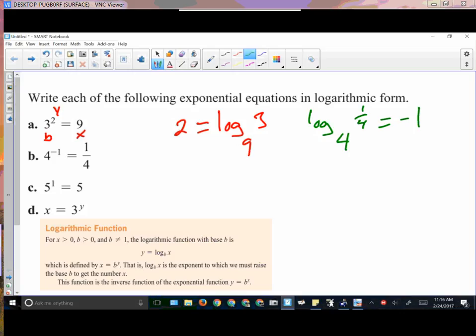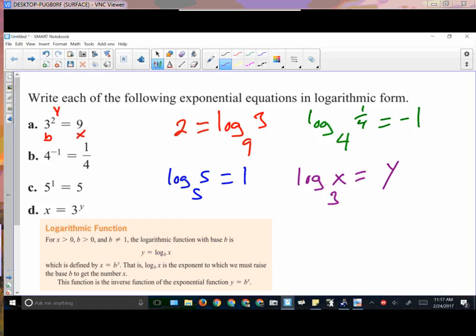Next one here, c. That's going to be log base 5 of 5 is equal to 1. So the last one there, that would end up being log base 3 of x is equal to y. That's all it is. Just another way of writing this stuff out.